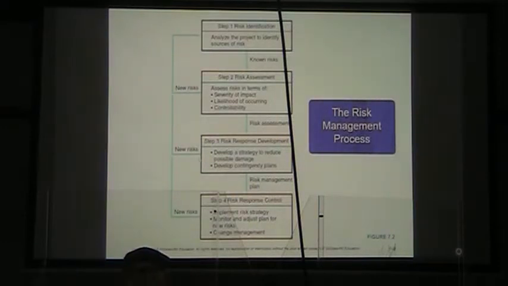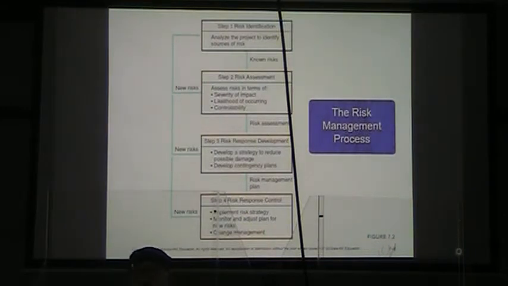What is our response going to be if this risk occurs, right? So we're going to develop strategies that would reduce whatever possible damage from that risk might occur. With that, we're going to develop contingency plans of what we are going to do if this risk happens.